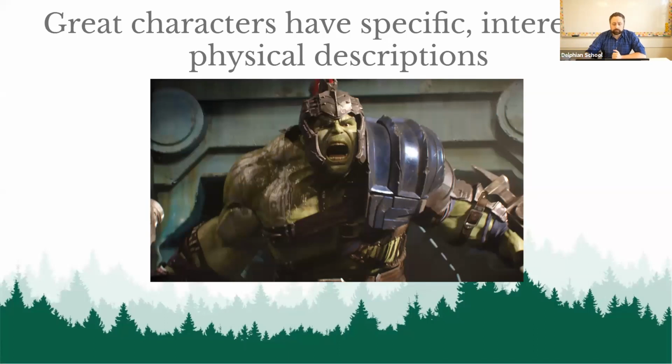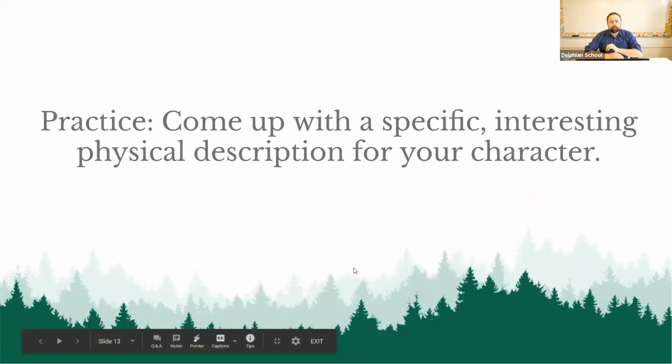So in the last few minutes we have here, I want you to come up with a specific, interesting physical description for your character. Write a physical description of them that really would make them stand out in a crowd. What makes them really interesting? Does the person have shocking blue hair and they're 8 feet tall?